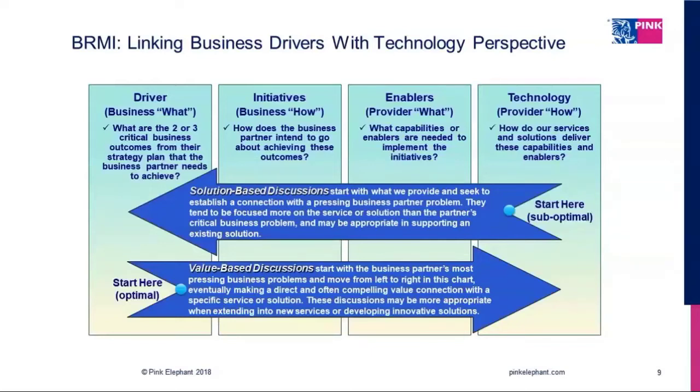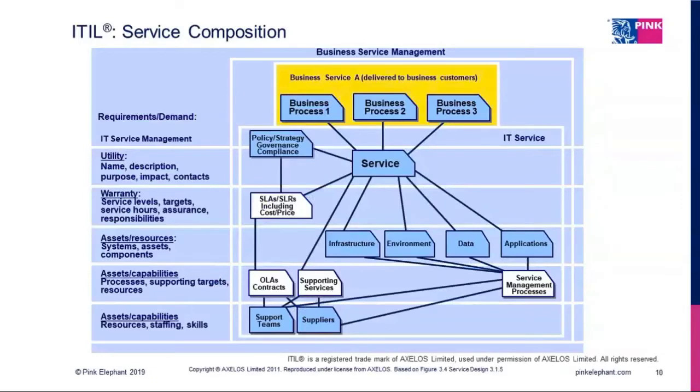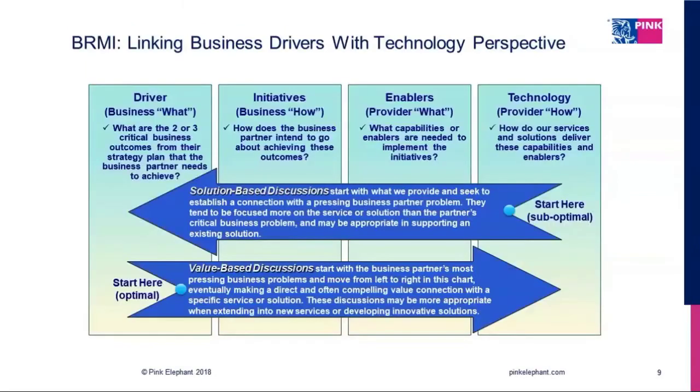And for this particular piece, I have two slides, one from Business Relationship Management Institute, and the next one from ITIL, talking about service composition. They're basically saying the same thing, and I want to show that more than one framework can give us some best practice advice.